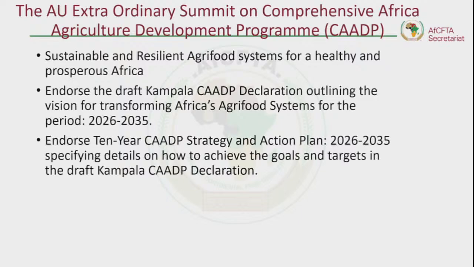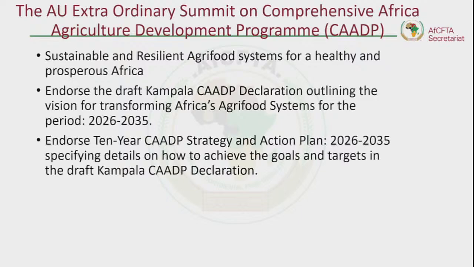And it was to endorse the draft Kampala Declaration, which spells out the vision for transforming Africa's agri-food systems for the next 10 years, and also to endorse the CAADP strategy and action plan, giving the details on how to achieve the goals and targets in the draft Kampala Declaration.